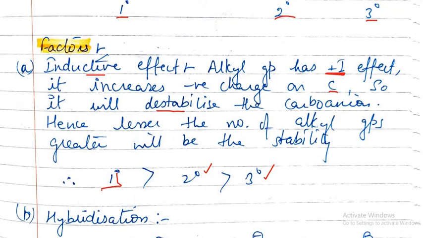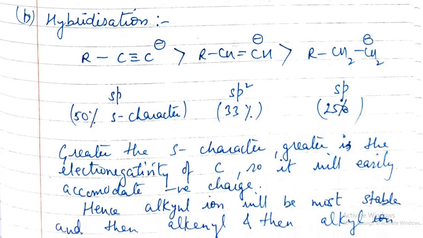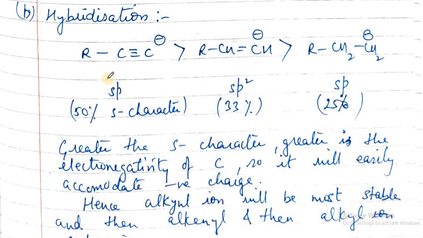Similarly, hybridization can also explain the stability of carbanions. Take these three carbanions: one formed from an alkyl group, one from a double bond, that is alkenyl, and one from a triple bond, that is alkynyl. Out of these, which is more stable can be easily explained on the basis of hybridization.